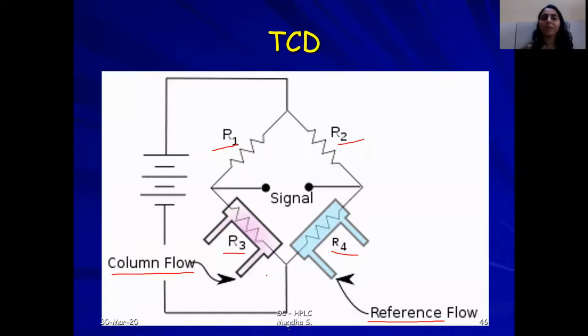And we will be able to identify by the change in the signal, or a change in the imbalance of the detector, which type of element it is or how much it is. So basically you will be able to detect the signal on the basis of the thermal conductivity.